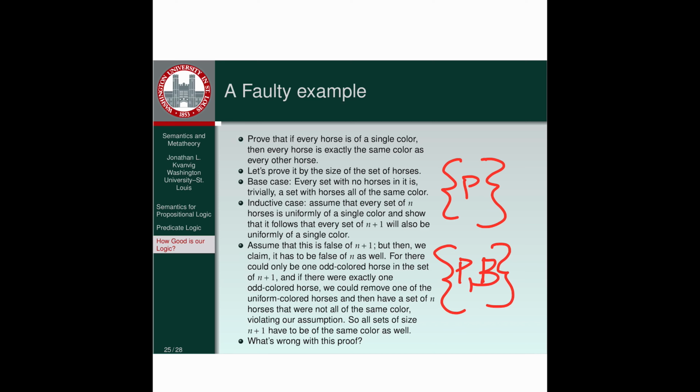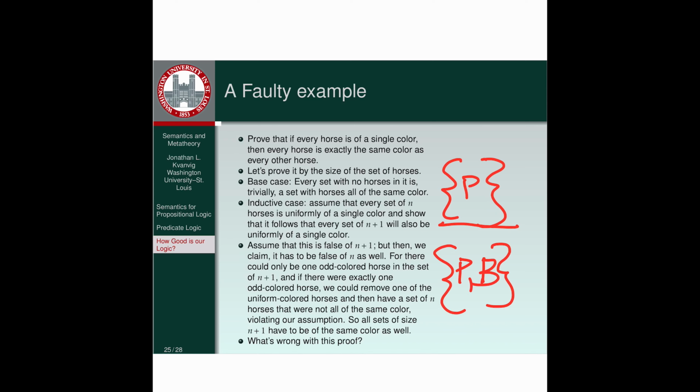Now, the way I argued you could generate a contradiction here, when we talked about 4 and 5 and 7 and 8 and that sort of thing, was this. I said, well, if you've got multicolored horses at n plus 1, you can generate a contradiction for the first assumption, that every set of size n has horses all of the same color in it. But notice that argument won't work here when we had 5 and 4 for the relevant numbers.